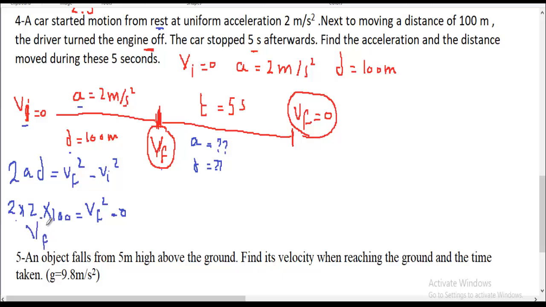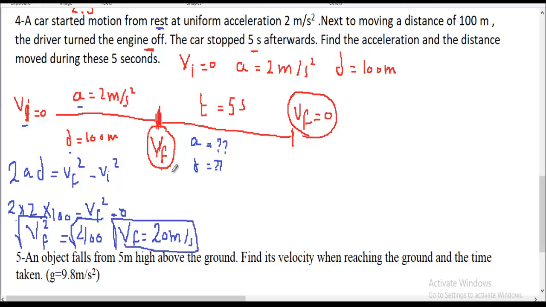So Vf squared equals 400. Taking the square root of both sides, Vf equals the square root of 400, which equals 20 meters per second.